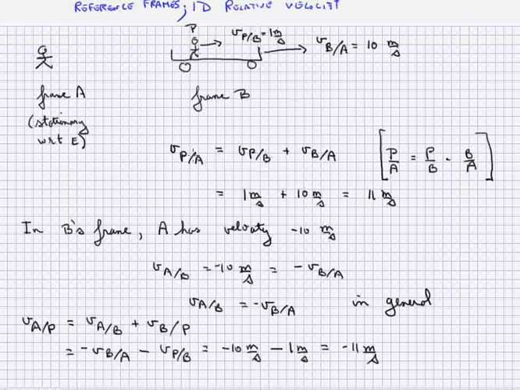And so if I want to know what the person's velocity relative to A is, to me, that's going to be the sum of the person's velocity relative to their frame, in this case a train, plus the velocity of the train relative to A.